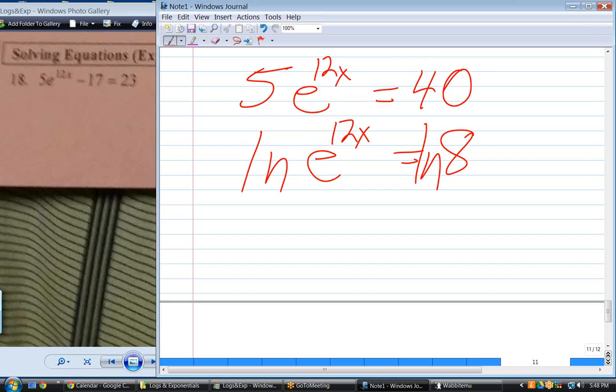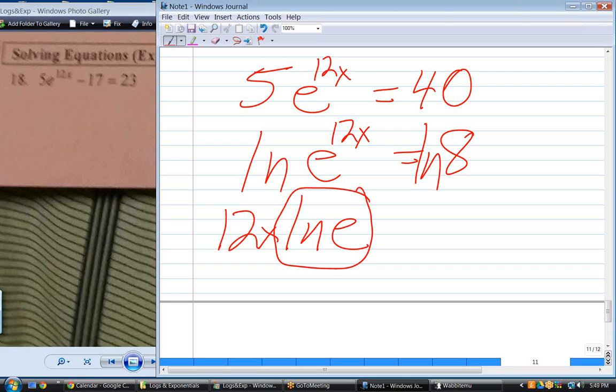Now what? The natural log and the e on the left side would cancel out. In other words, the reason it cancels out is because if I bring that exponent down in front, it becomes this, and the natural log of e is 1. So you're right, it doesn't really cancel out, but it becomes 1.